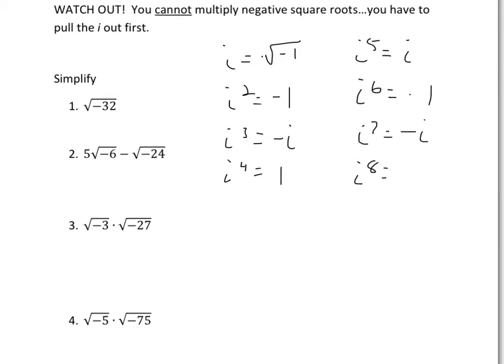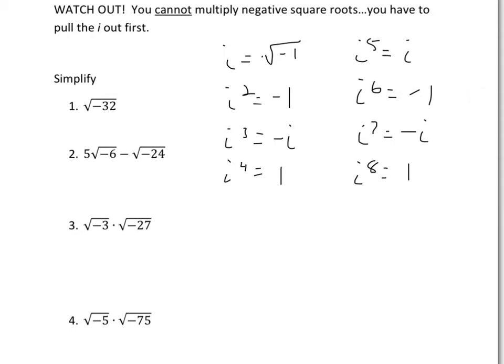And i to the eighth is i to the fourth times i to the fourth, which is 1. You can see that this pattern will move on, so on and so forth. So i to the ninth is i, i to the 10th is -1, i to the 11th, and so on and so forth. That'll be helpful when we're working on that.